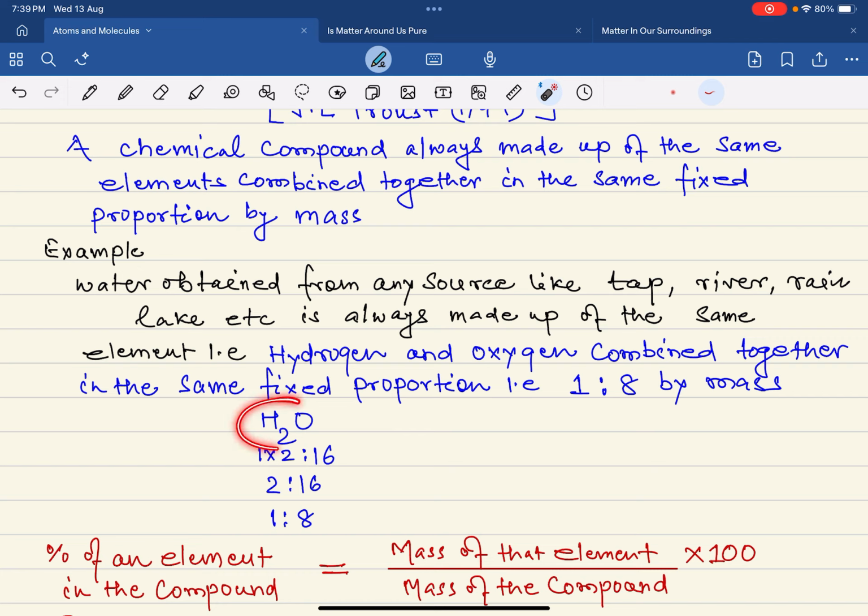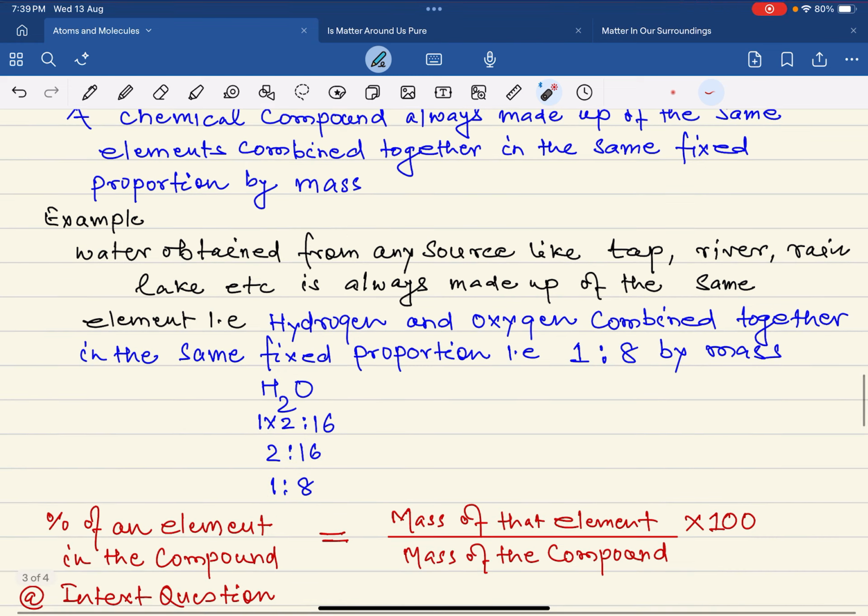This is the molecular formula of water. Mass of hydrogen is 1, so 2 atoms of hydrogen means 1 into 2, 2 gram hydrogen combines with 16 gram of oxygen. So, the simplest ratio is 1:8. So, water formed from any source, the composition is fixed.